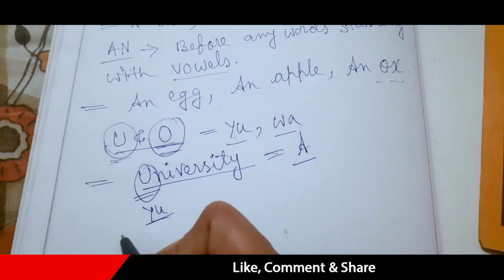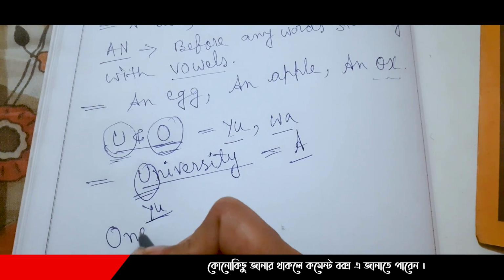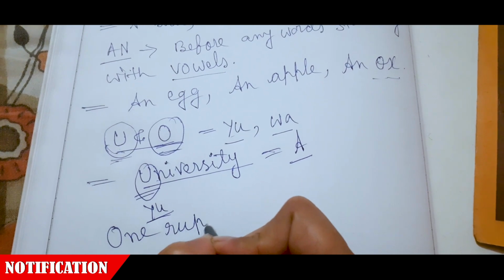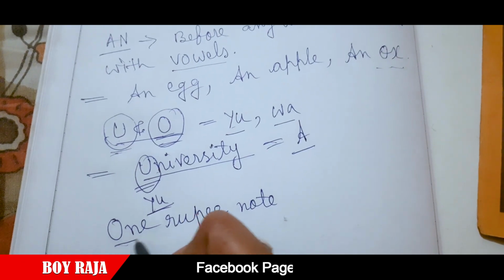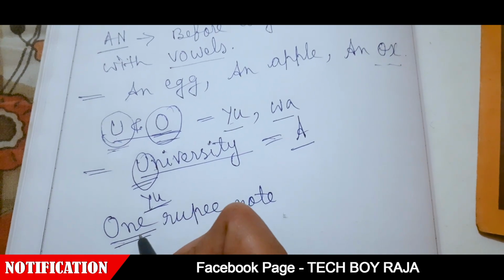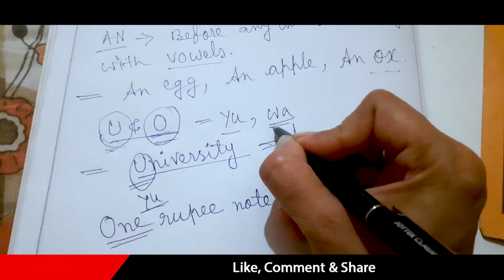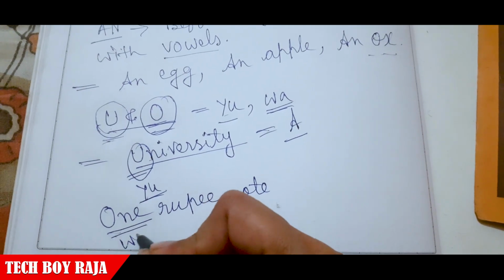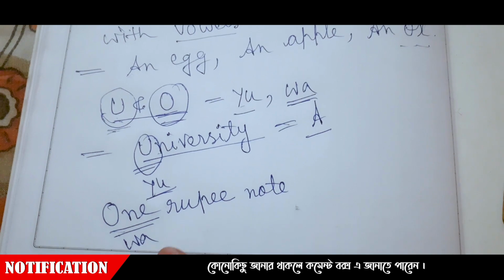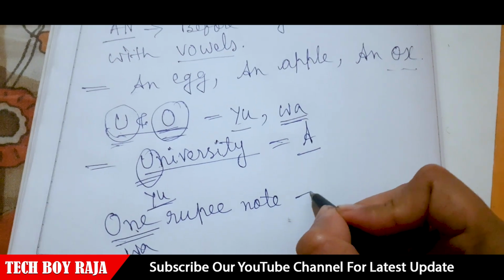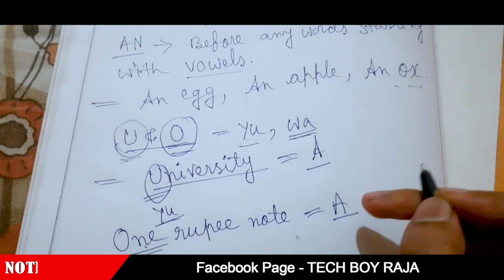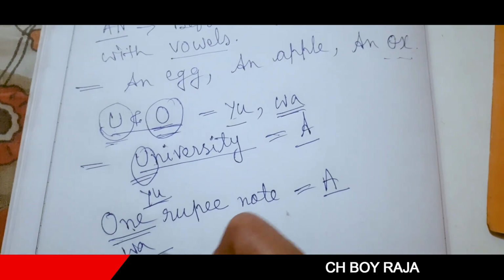Similarly, a one rupee note. Here the 1, whenever we pronounce it, we have to use this wa sound. So if this kind of word is there, before this one rupee note we have to use a again instead of an, because of this pronunciation only.